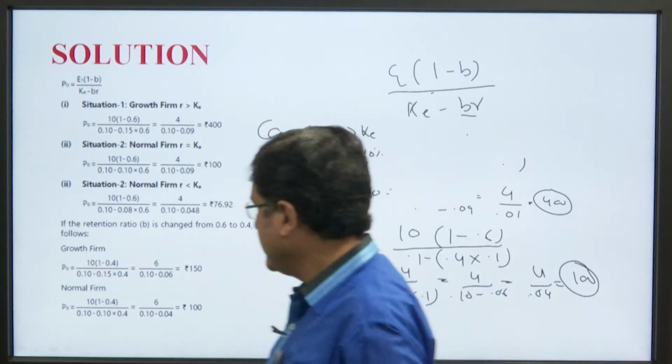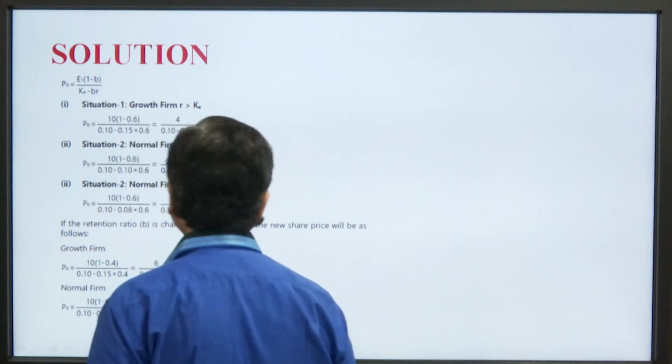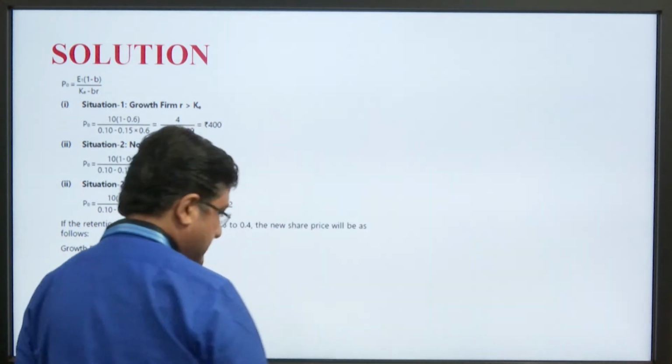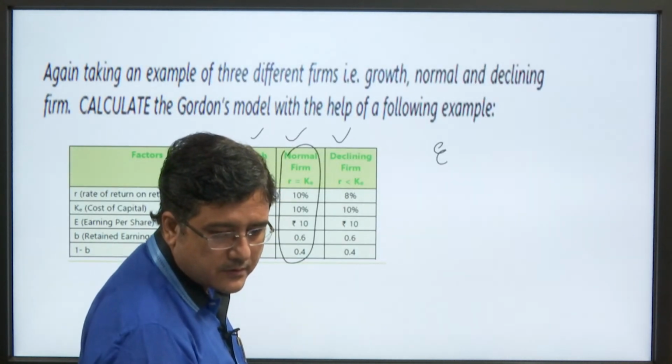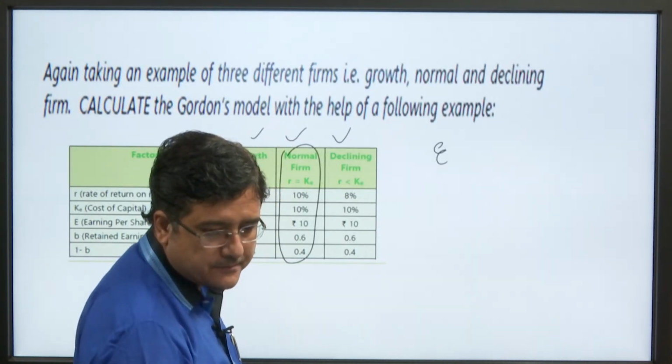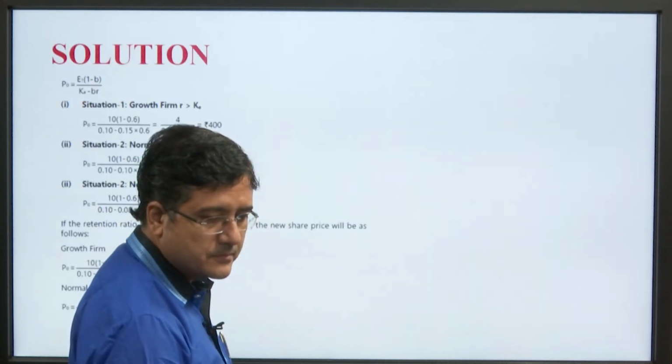Now, the last situation, when R is less than K. So, what was the R? 0.8, and B is 0.6.